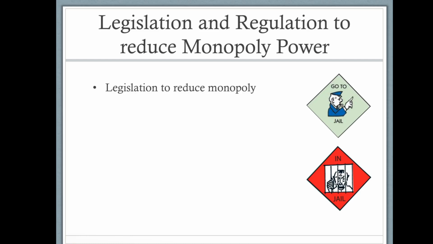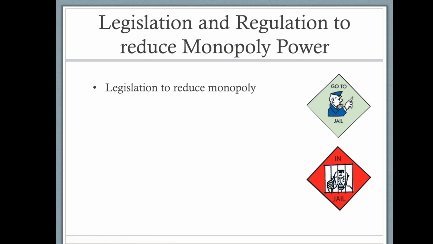So some legislation. Here you can have a very brief understanding of how governments control the monopolies. Usually you will see some legislation to reduce monopoly, so they will control the market.